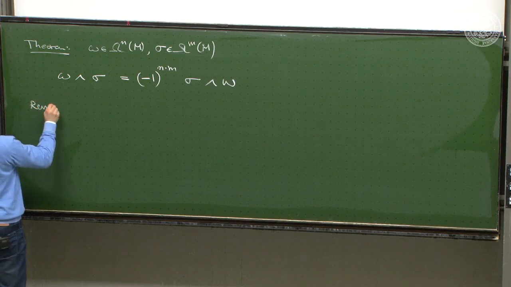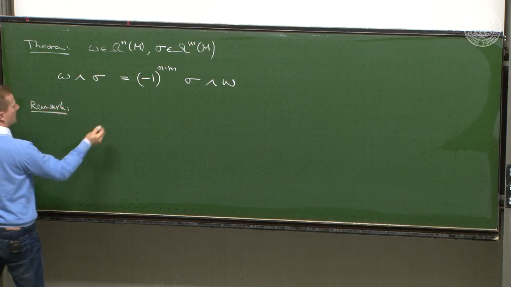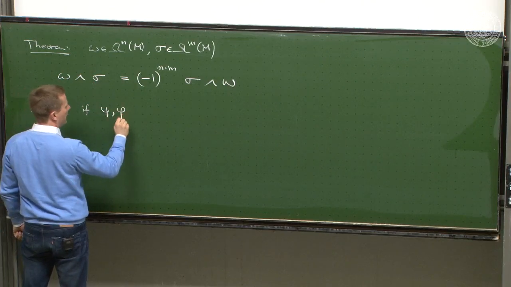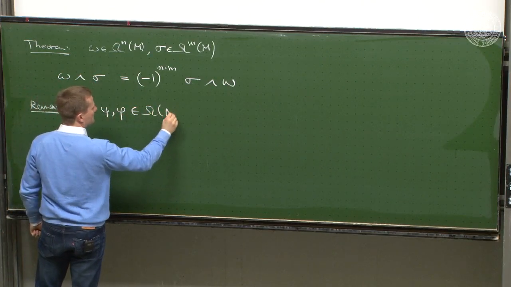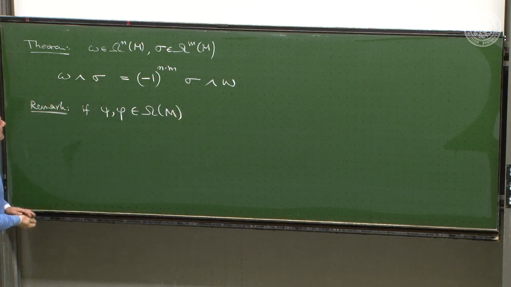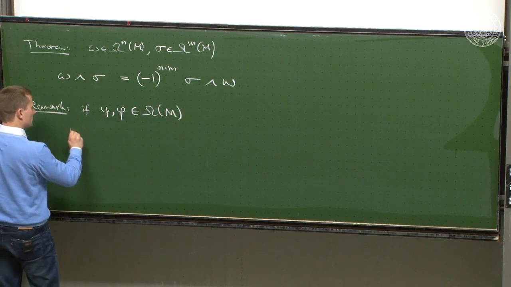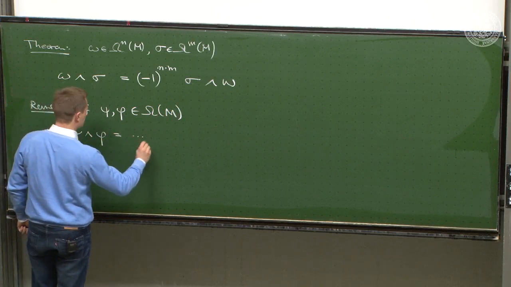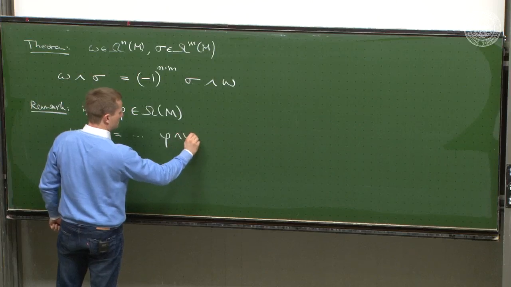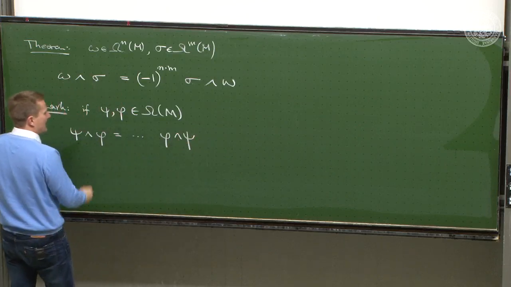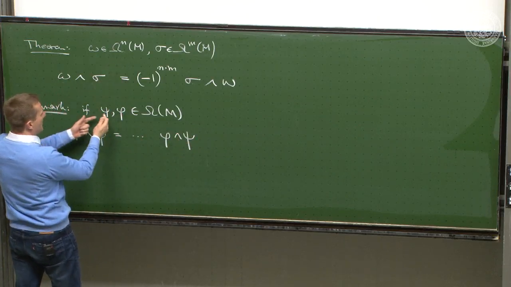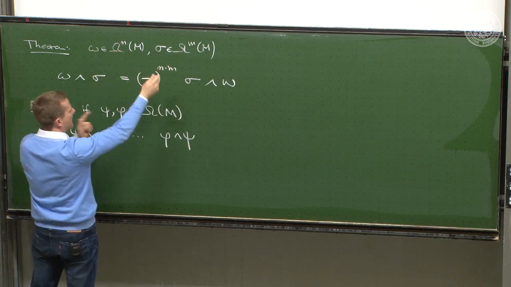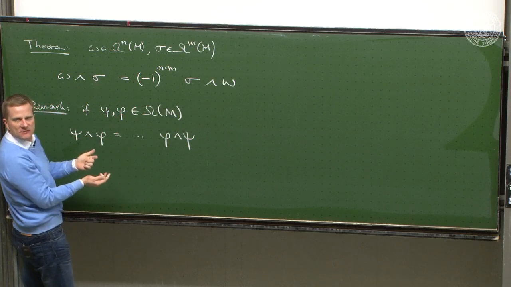Remark: if psi and phi are elements of the Grassmann algebra, then obviously you cannot simply say psi wedge phi is something phi wedge psi, because different parts of the psi, which is an n-form and an n plus 1 form and so on, and of the phi, will have different commutation behavior.